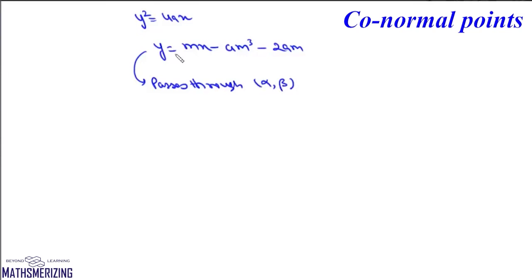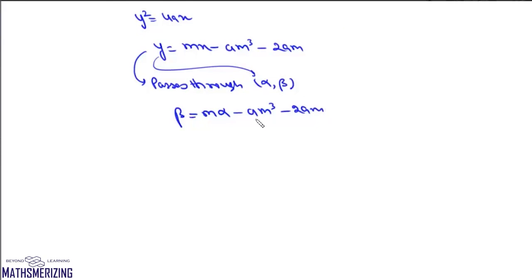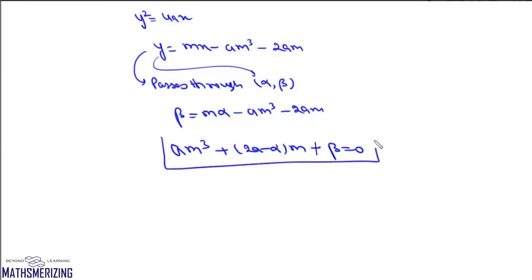So that means this normal will pass through this point. So we can write beta equals m alpha minus am cubed minus 2am. Now we can rearrange this equation and express it as a polynomial in terms of m: am cubed plus (2a minus alpha)m plus beta equals 0, which is a cubic equation in m.